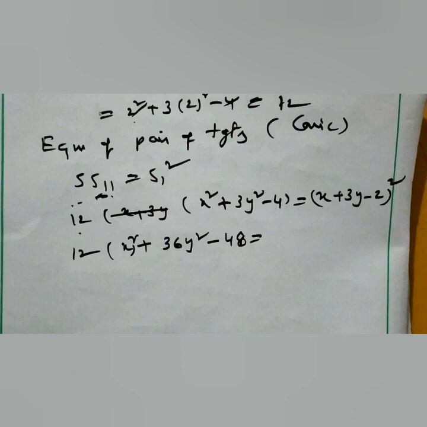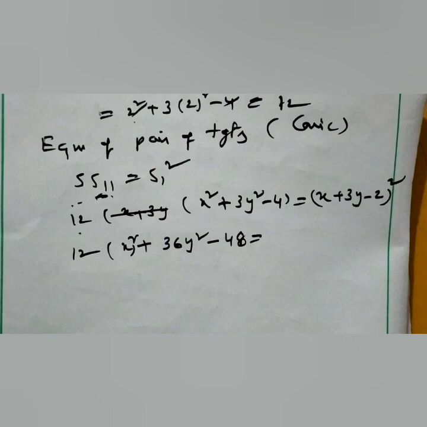Substituting y is equal to 1 minus x: 12x square plus 36 into (1 minus x) whole square minus 48 is equal to (x plus 3 into (1 minus x) minus 2) whole square.